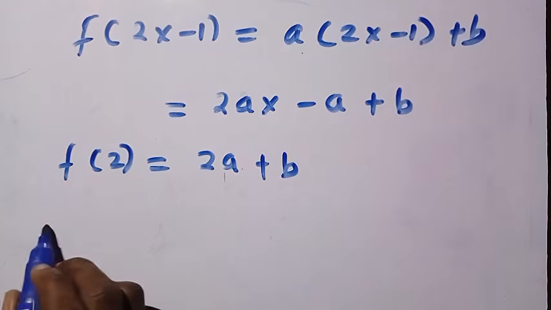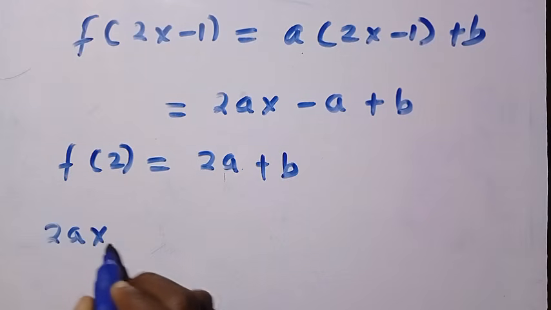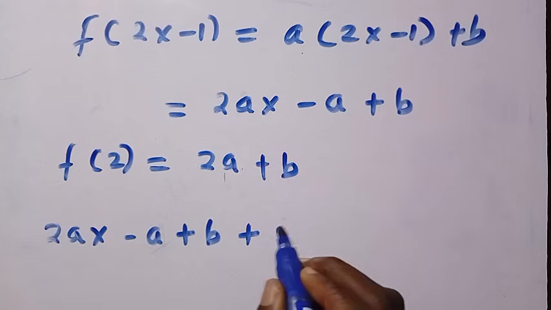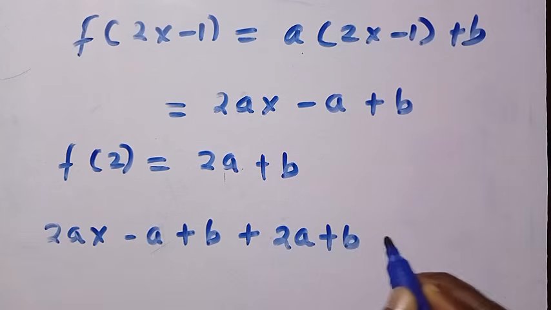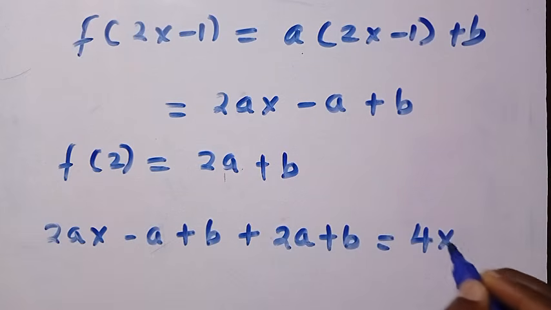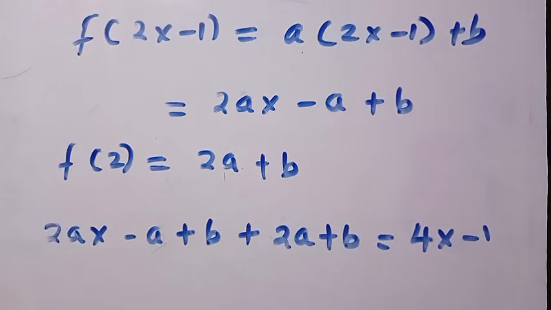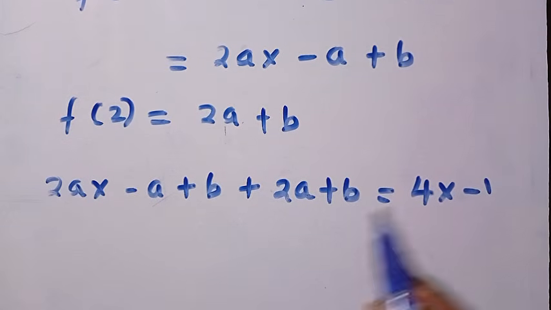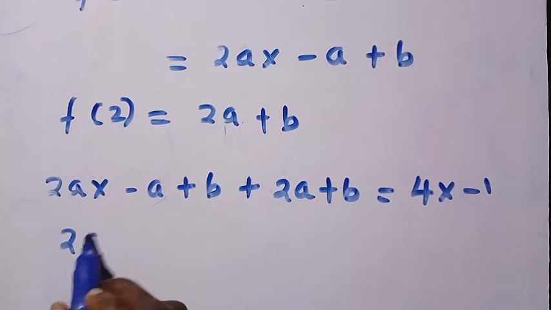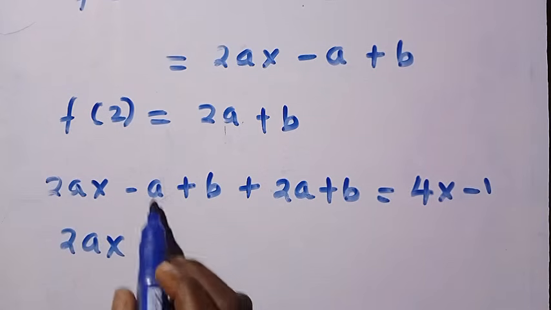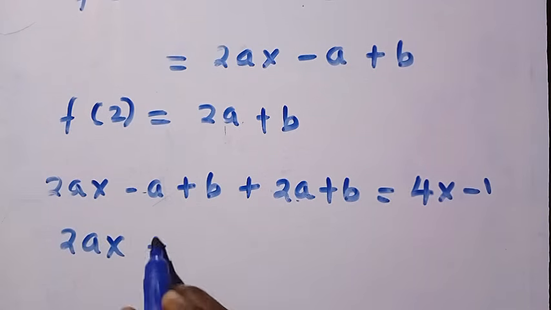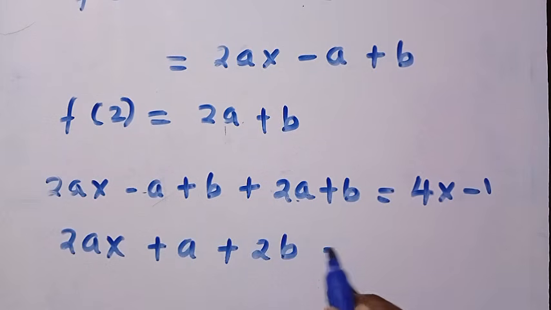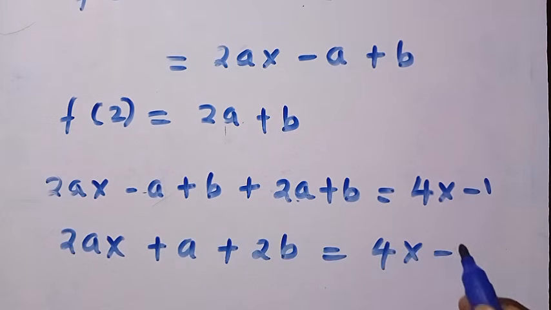For the first one, we have 2ax minus a plus b, then plus f of 2, that is 2a plus b, equals 4x minus 1. Then we have to compare. Here we have 2ax, and minus a plus a, and we have b plus b, that is 2b, and everything equals 4x minus 1.